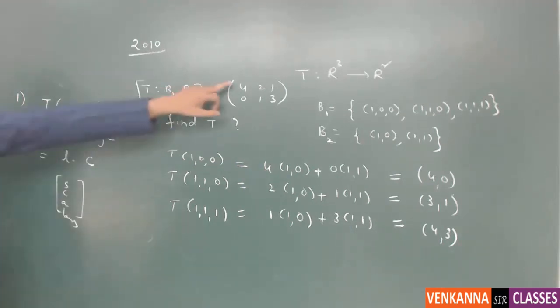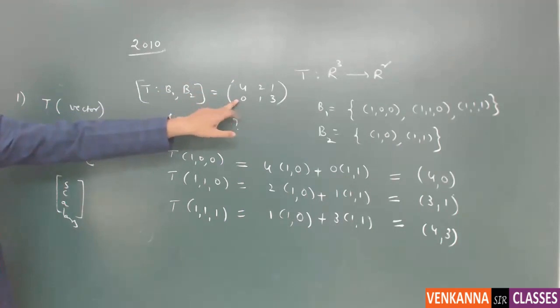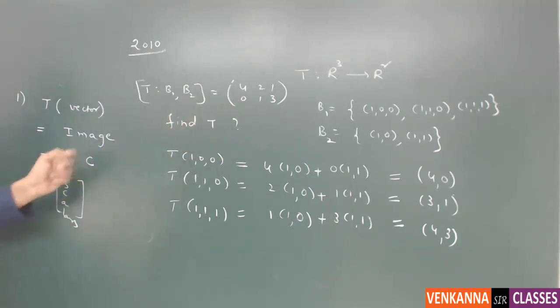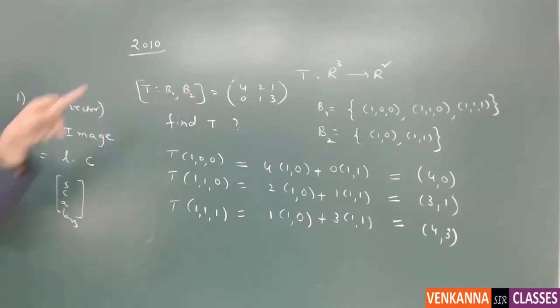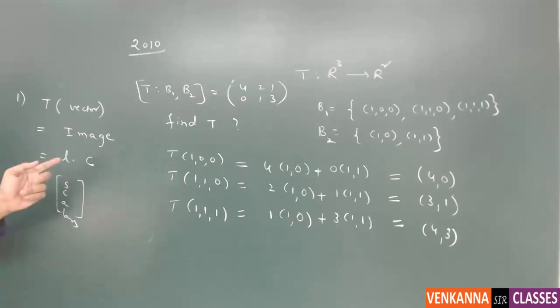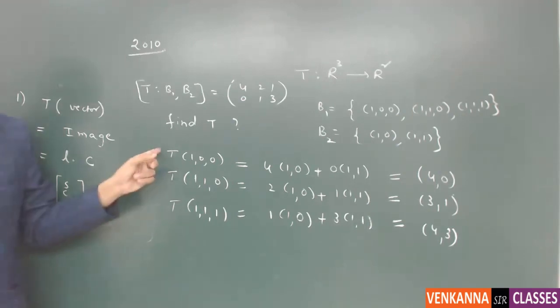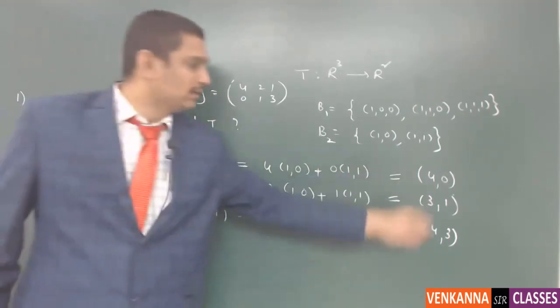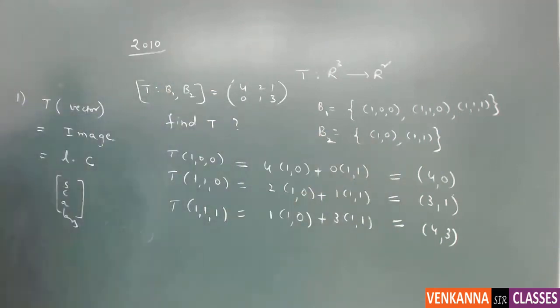So the first column is nothing but the scalars in the linear combination of the first image. Second column is nothing but the scalars in the linear combination of the second image. And third column is nothing but scalars in the linear combination of the third image. So if you want to know what the T images are, it is nothing but this one. Clear now how I got them?